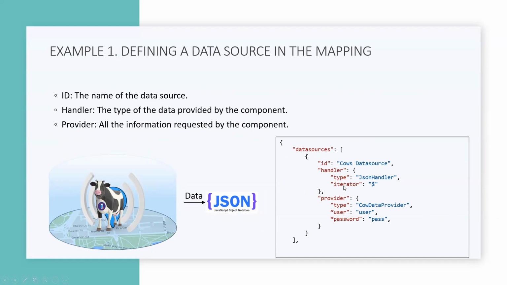The handler is the type of the data provided by the component, in this case JSON, so the type is JSON handler. The iterator is the JSON path, and a provider. The provider is all the information requested by the component. For example, if we have an API, we need a user, a password, and maybe an API key, an API secret, etc.